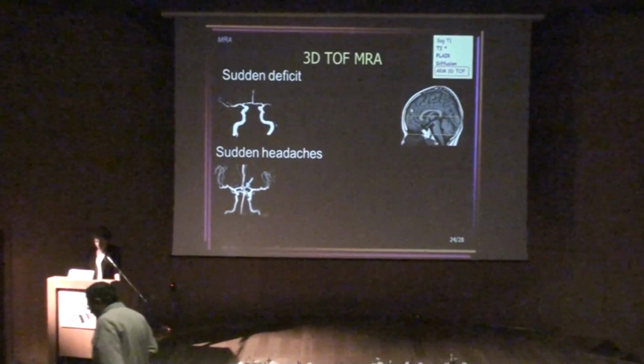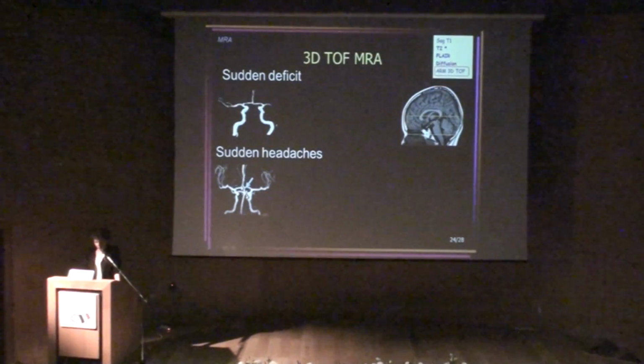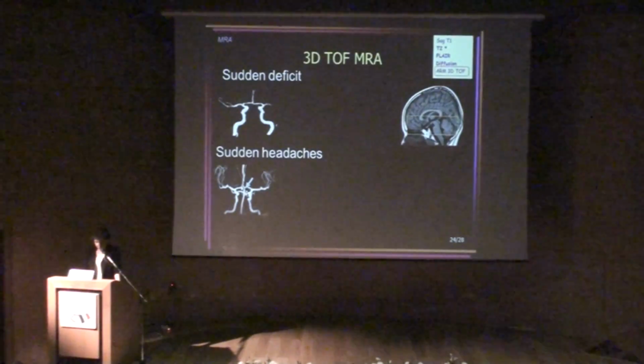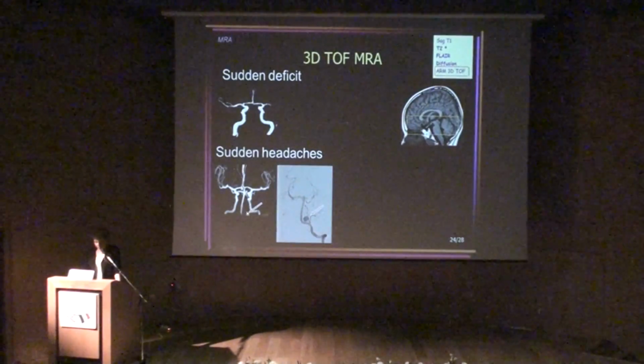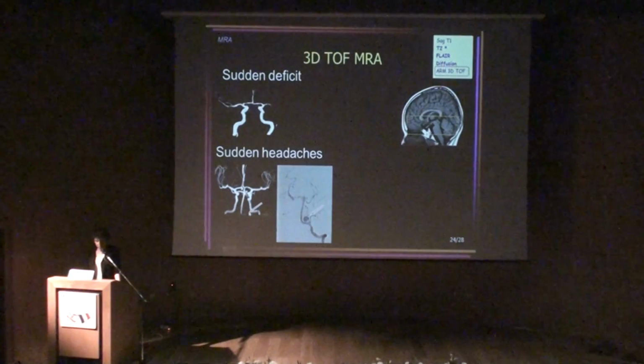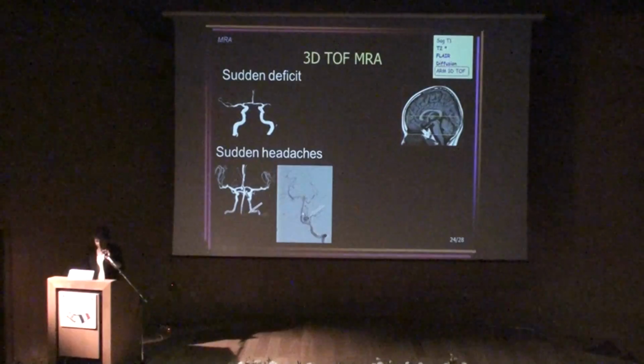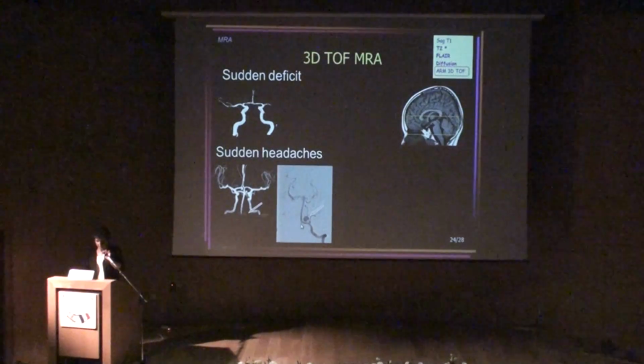If you run one slab like this, you will, with no problem, diagnose this small aneurysm at the top of the basilar artery. The problem is that you will miss this aneurysm because it's beyond the field of view, and this is the aneurysm that had bled in this patient.